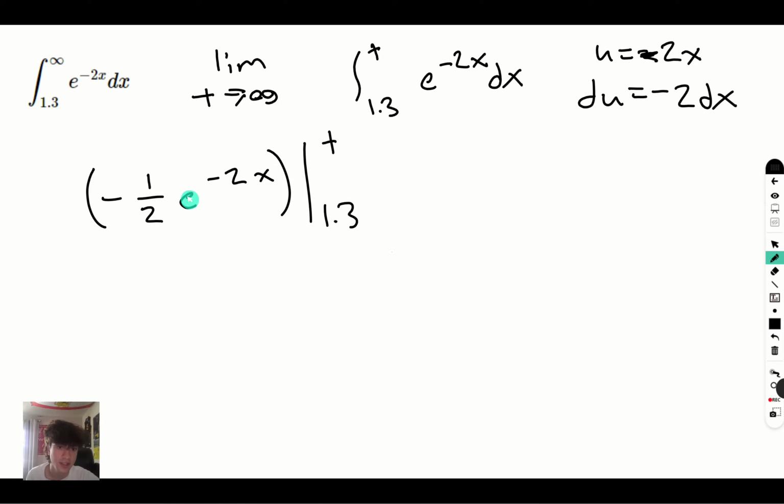So now let's evaluate it. I'm going to bring the e to the denominator so that the exponent becomes positive.